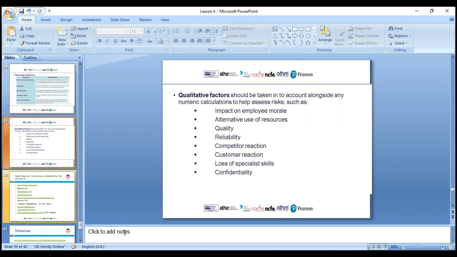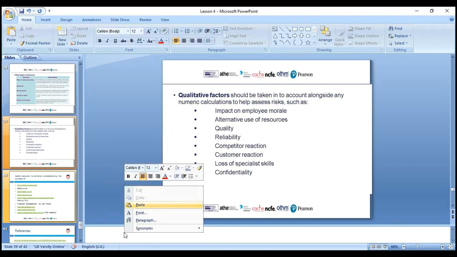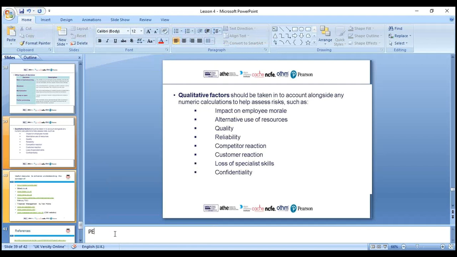I'll give you a little example and then we can summarize our performance. Let's say you want to measure the employee's performance. How do you measure the performance?